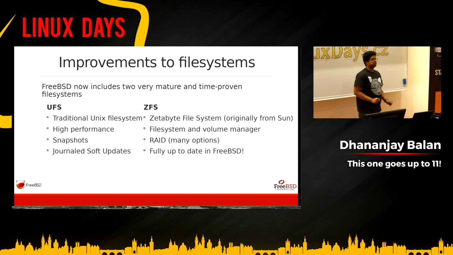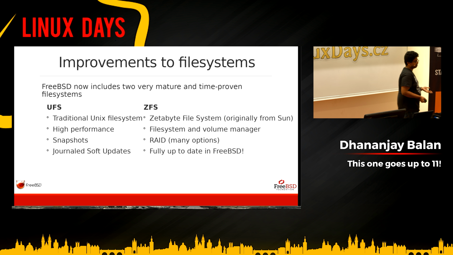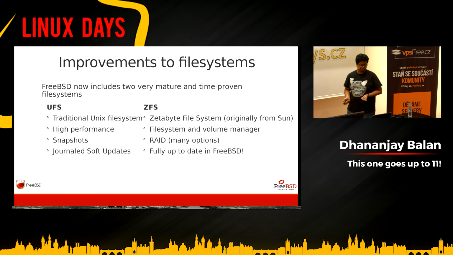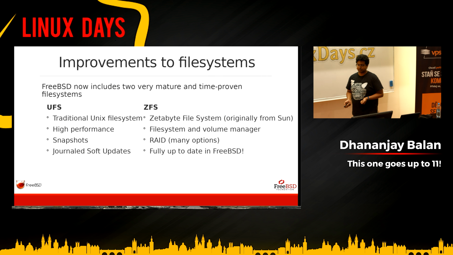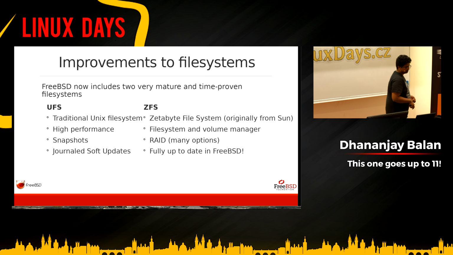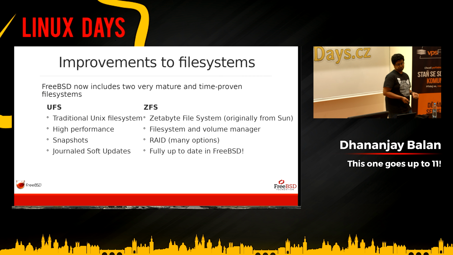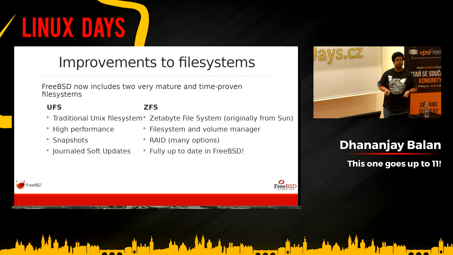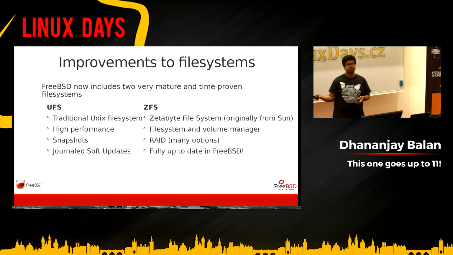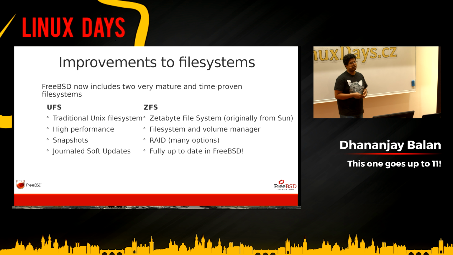Well, we have a really good file system layer, so you can actually put any file system on top of it. But UFS was the original file system, a native FreeBSD file system, and it just keeps improving. At some point, it gained support for snapshots, which are copies of your file system at a specific time, but you don't spend any more space on it because the only things that are saved are the things that change.